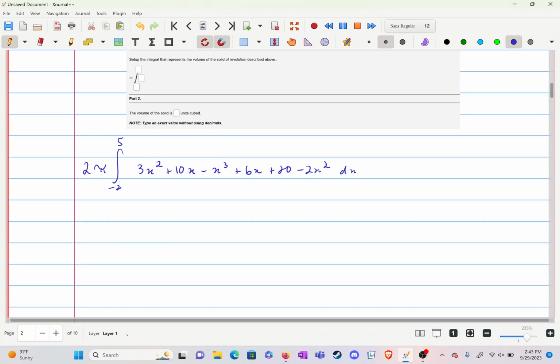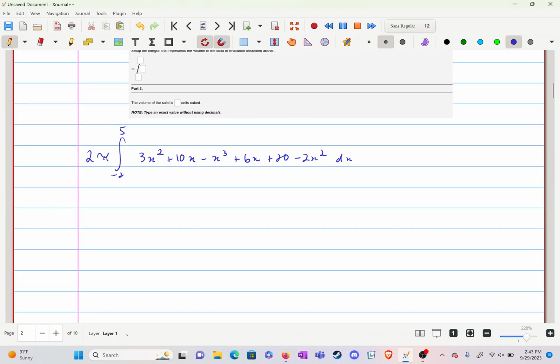And we're just going to combine like terms here. So you have a negative 3x squared, negative 2x squared, that's a negative x squared. You have a 10x and a 6x, so plus 16x, a minus x cubed, and we have a plus 20, it seems like. dx, integral negative 2 to 5.